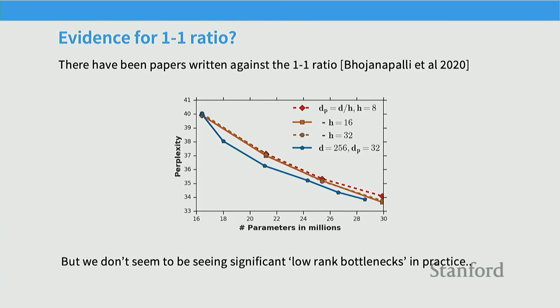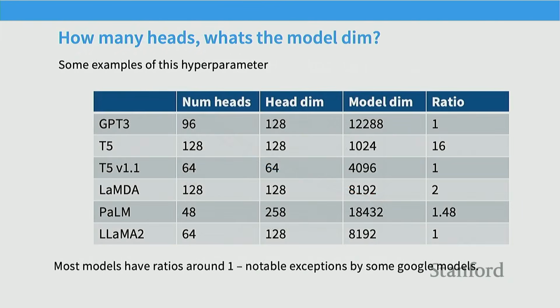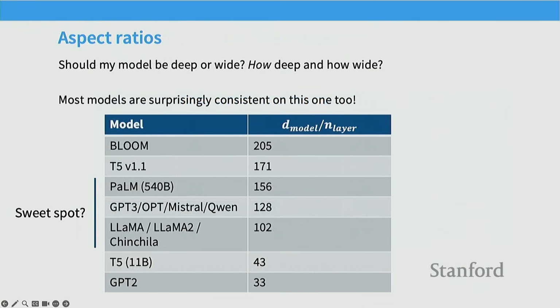But in practice, it doesn't really seem like we see too many significant low-rank bottlenecks. And most of the models with this ratio of 1 seem to do just fine, right? This is really a parameter that's generally been held constant by most of the models that we've seen. If I have time, I'll talk a little bit about different optimizations that people have made on this multi-head component. But on hyperparameters, things have stayed fairly similar.